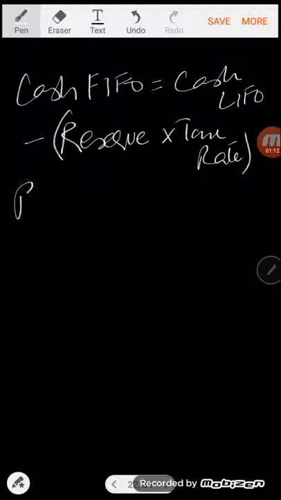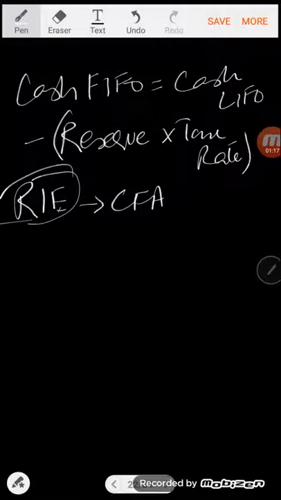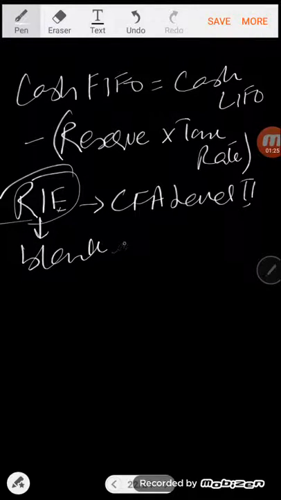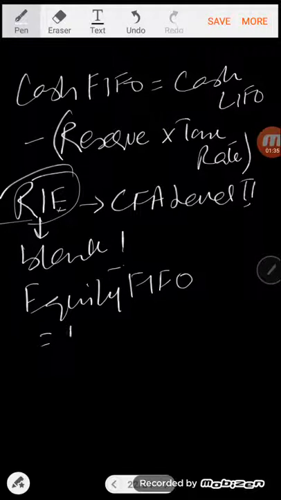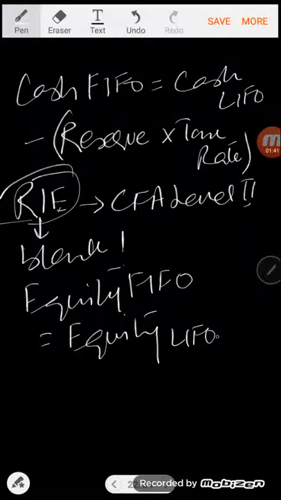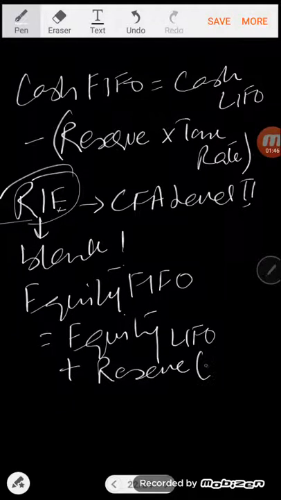The third one is what amount would go into retained earnings. Often in CFA Level 2 exams this happens, that when they ask about retained earnings, students turn totally blank. How can we calculate it? Well, equity FIFO can be calculated by LIFO equity plus the reserve that is not yet deducted in the tax amount.